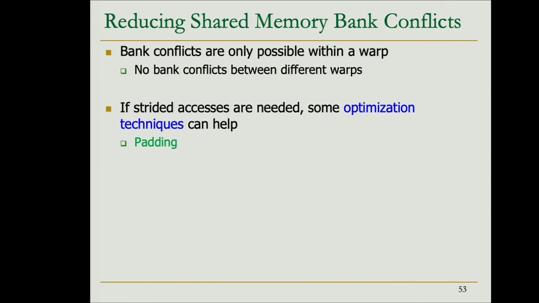Yeah, so imagine that, you will see, it's actually very simple. Imagine that this is our shared memory. This is bank 0. This is bank 1, bank 2, and this is bank 31.